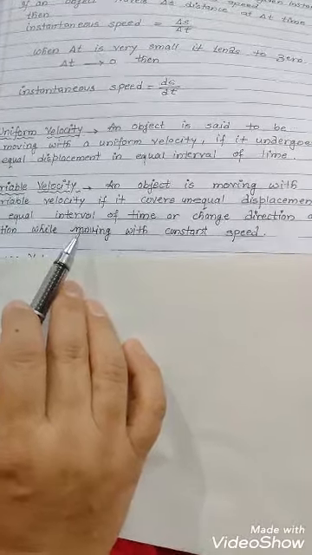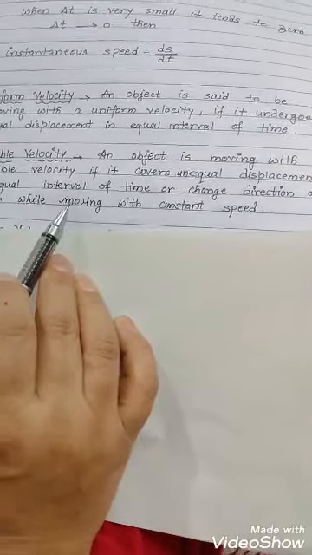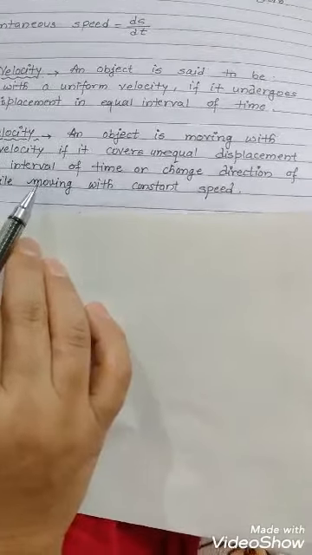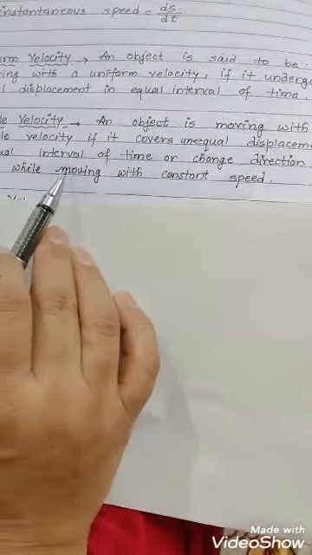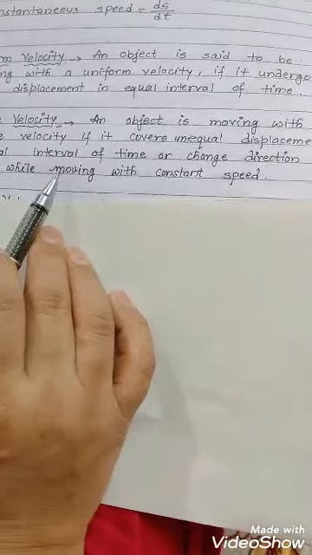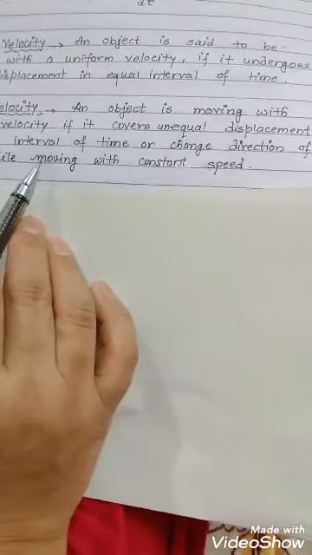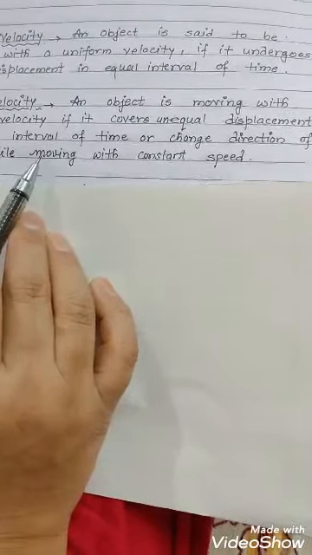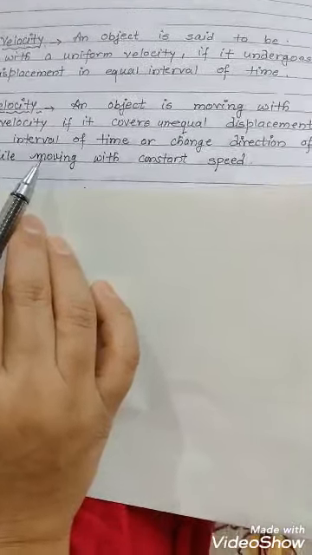So if we are defining variable velocity, we can say that either the object travels unequal displacement in equal intervals of time, or equal displacement in unequal intervals of time, or if the object travels equal displacement in equal intervals of time, that means the speed is constant here but the direction changes, then also the velocity will be variable.